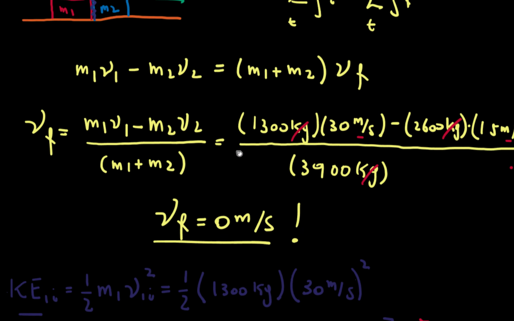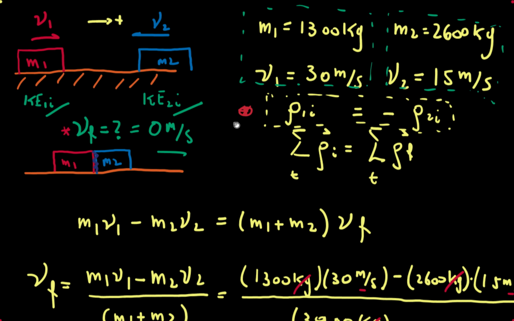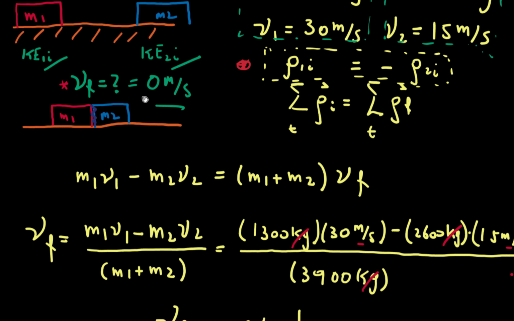So what happens with the kinetic energy of the final object? If we treat M1 and M2 together, what do you think the kinetic energy for objects 1 and 2 combined will be? Well, hopefully you can see that the combined kinetic energy will be 0 because the speed is 0, right?